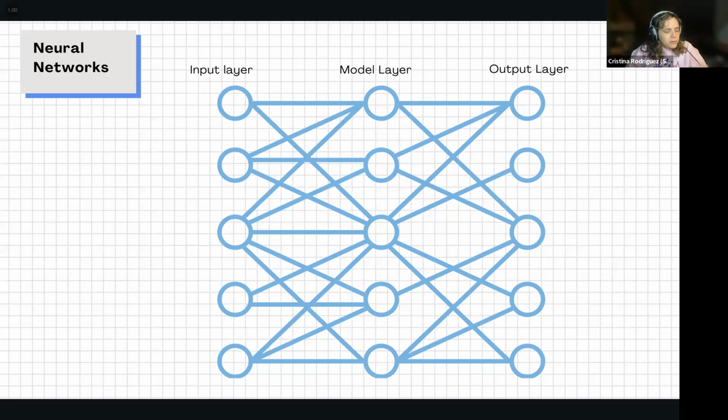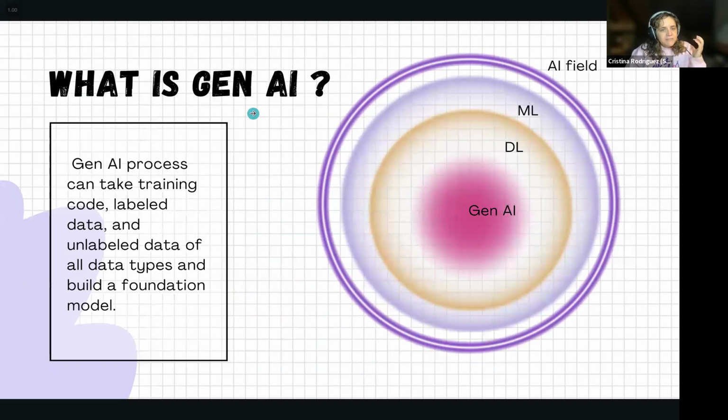This process of using neural networks, and the invention of them, is what gave us the possibility of getting to the generative AI field. And that allowed me to show you generative AI is a process inside deep learning. And it's a process that trains on labeled data, unlabeled data, and all kinds of data.